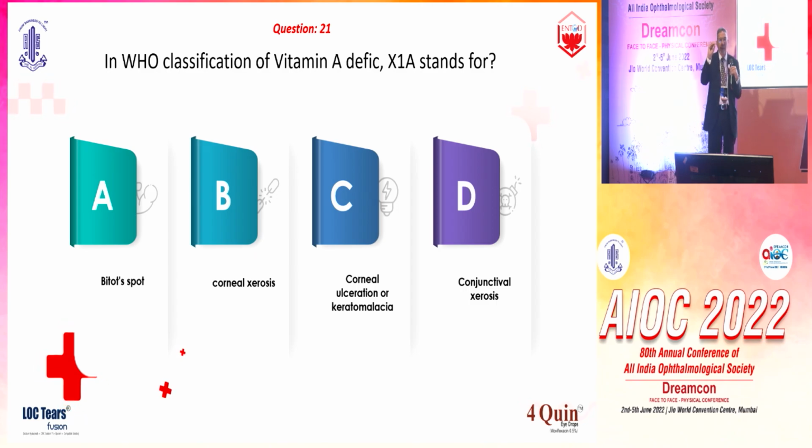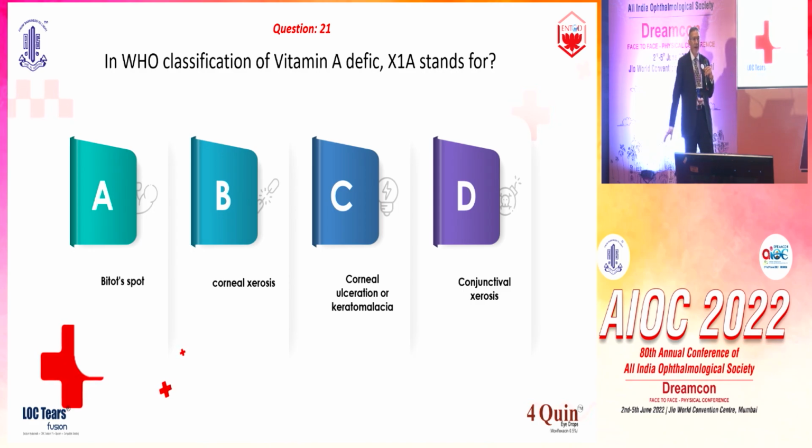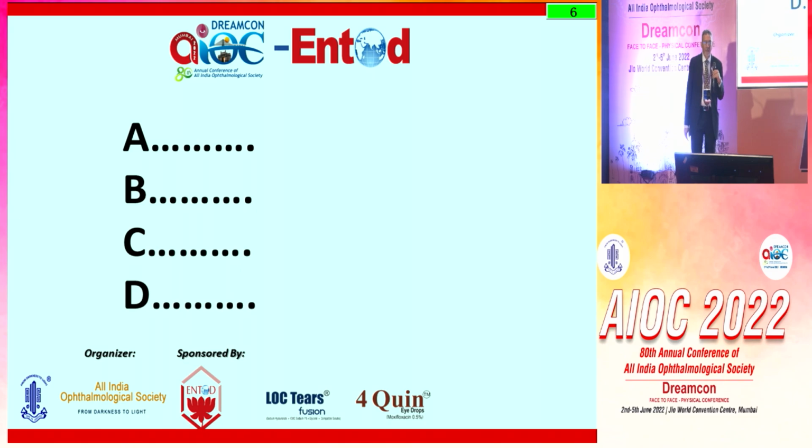If the patient has this, then it's classified as X1A in vitamin A deficiency. And the time starts now. Of course, all these occur in vitamin A deficiency. That's why the WHO has a range of classification, which is not the Emery-Little classification. WHO classification.